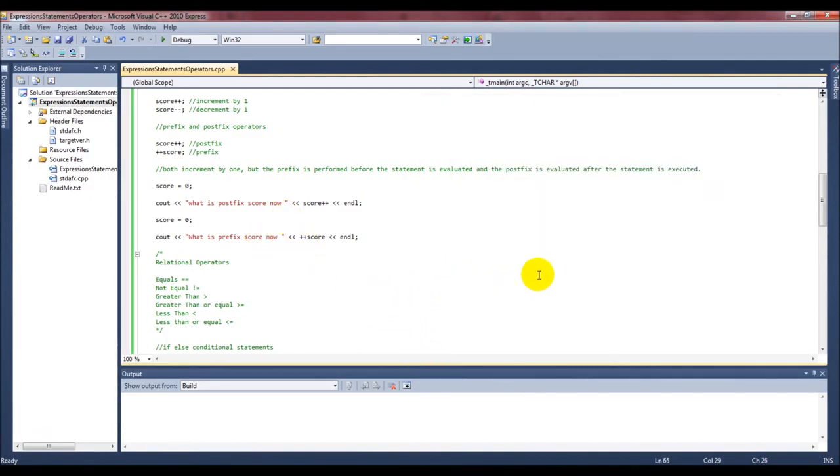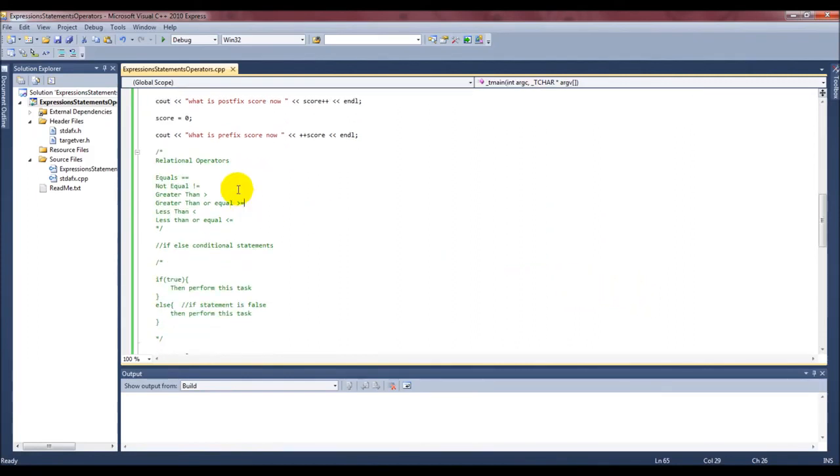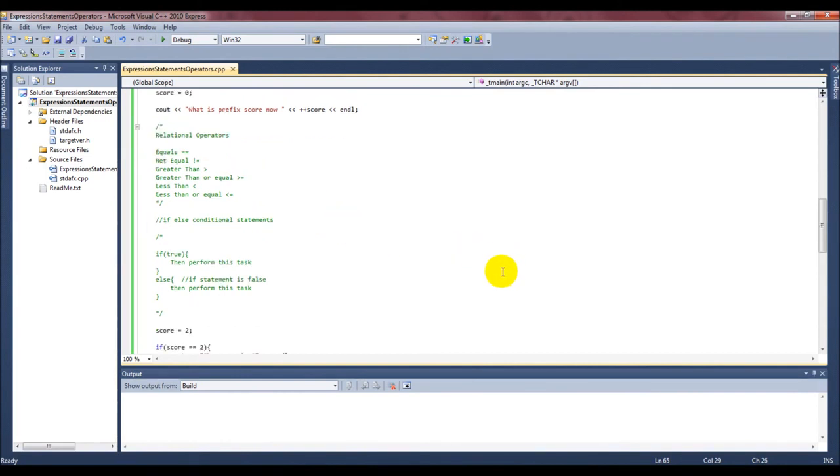And for more operators, because we have a lot of operators in C++, let's talk about the relational operators. Once again, this might be a review, but for most of you, I'm just going to keep on going. The equals is defined by the double equal sign. Not equals is defined by the exclamation point and the equal symbol afterwards.